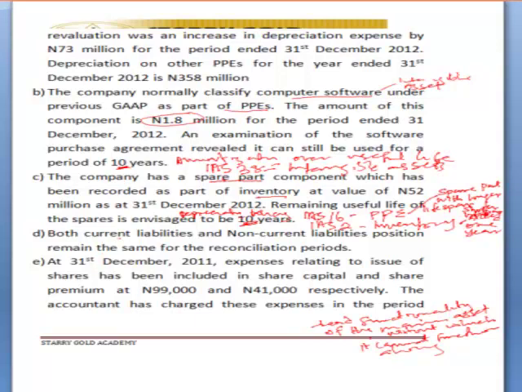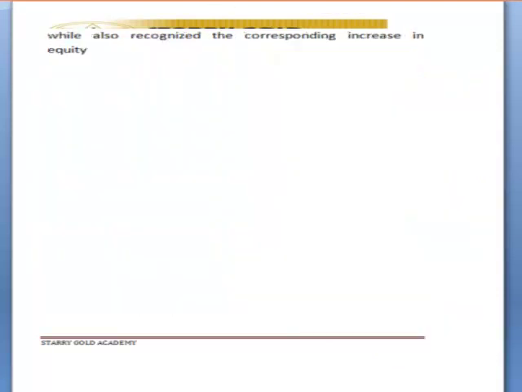It says at 31st December 2011, expenses relating to the issue of shares have been included in share capital and share premium at 99,000 and 41,000 respectively. The accountant has charged these expenses in the period, while also recognizing the corresponding increase in equity.